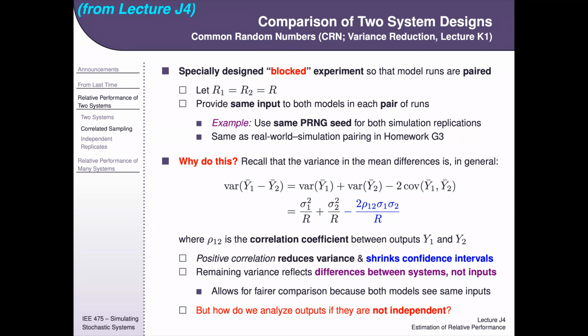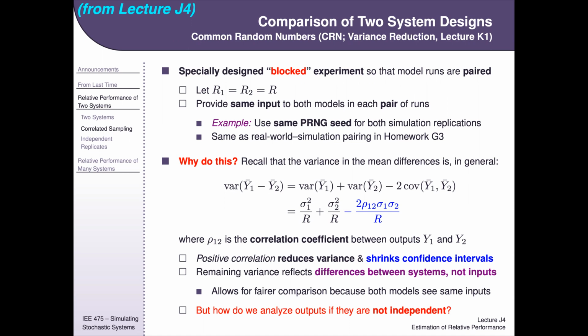In homework G3, we got the input from the real world. What we'll do, as we'll see a little bit later today, is use the same pseudo-random number generator seed in both systems. So if simulated model 1 and simulated model 2 use the same seed, that's going to generate the same customer streams or caller streams for these two systems, and that is going to pair those outputs together.